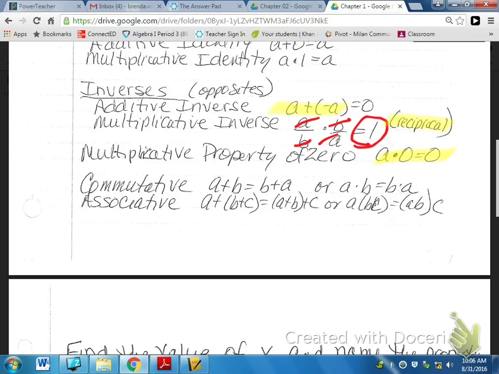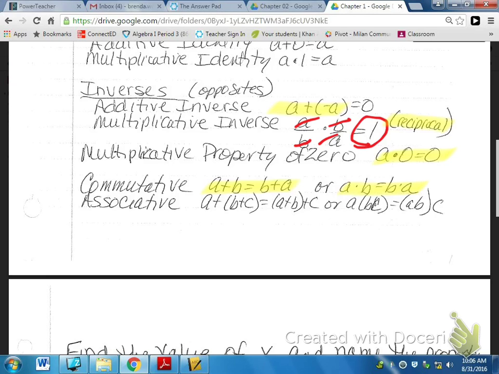You have commutative property of addition, so you can add A plus B and it's the same as B plus A. Or commutative property of multiplication, A times B or B times A. Subtraction and division are not commutative, but addition and multiplication are, and I think you already know that.